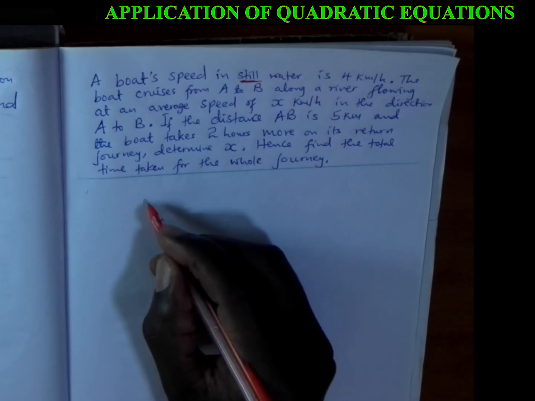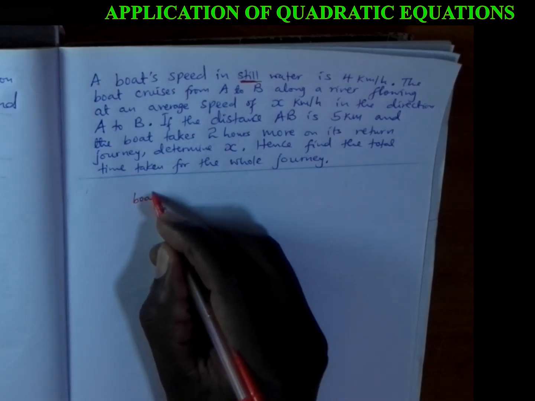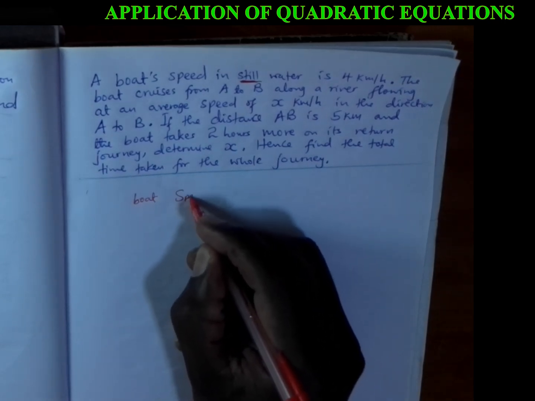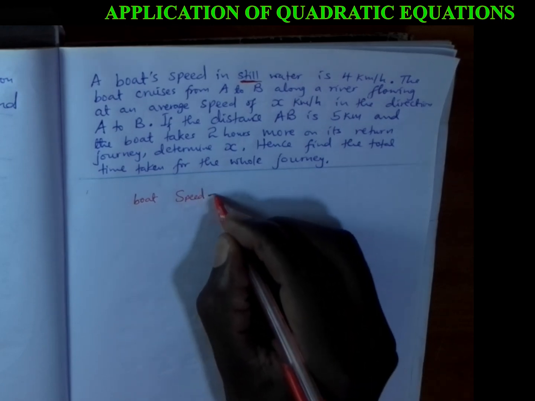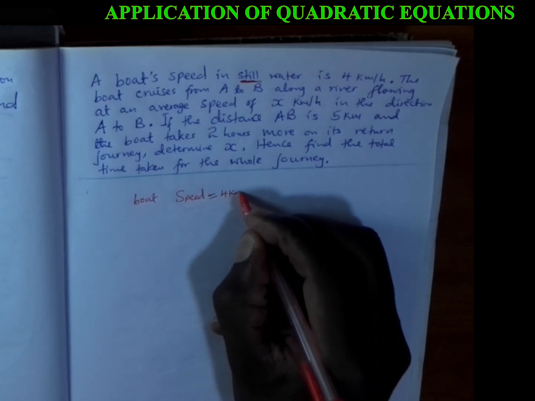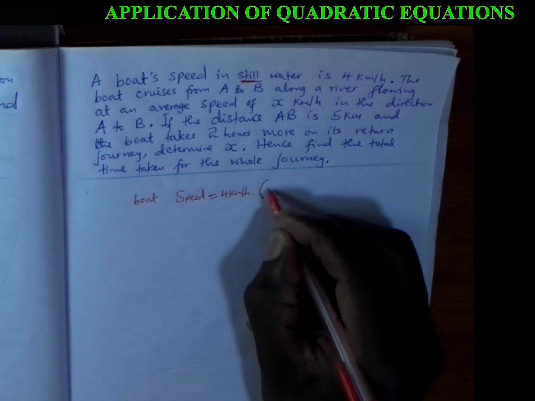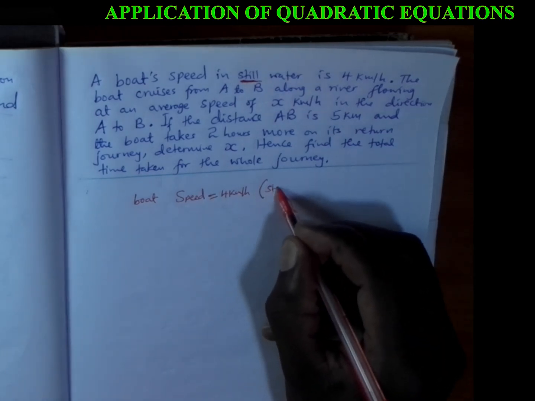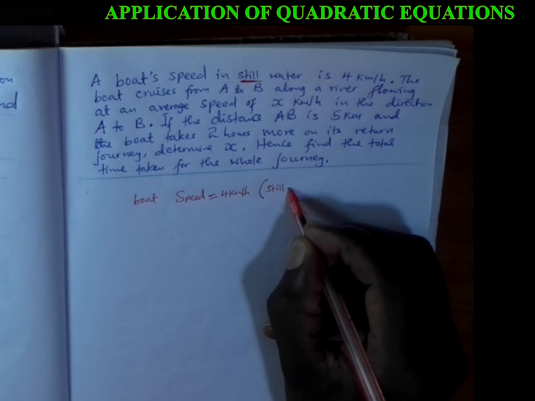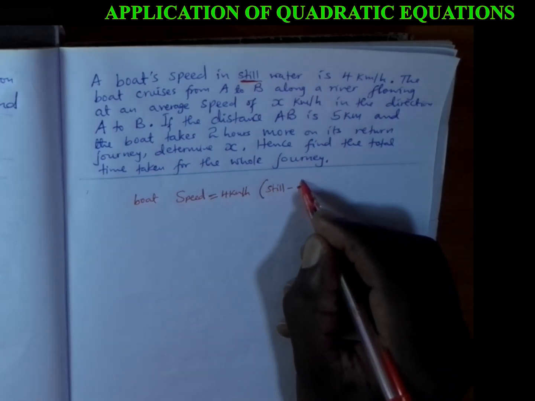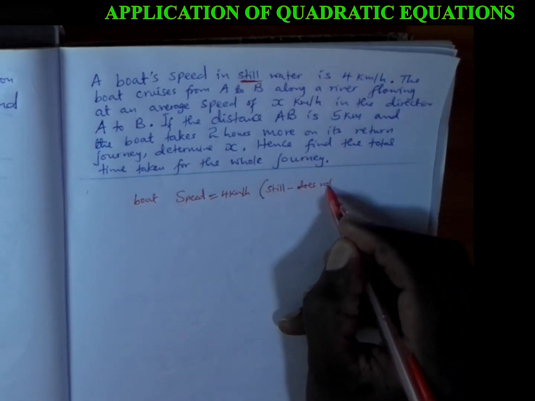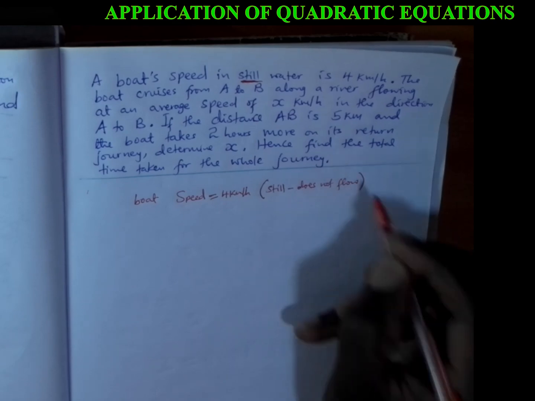So we have a boat and the speed is 4 kilometers per hour. That is in still water. Still water is water that does not move, does not flow.